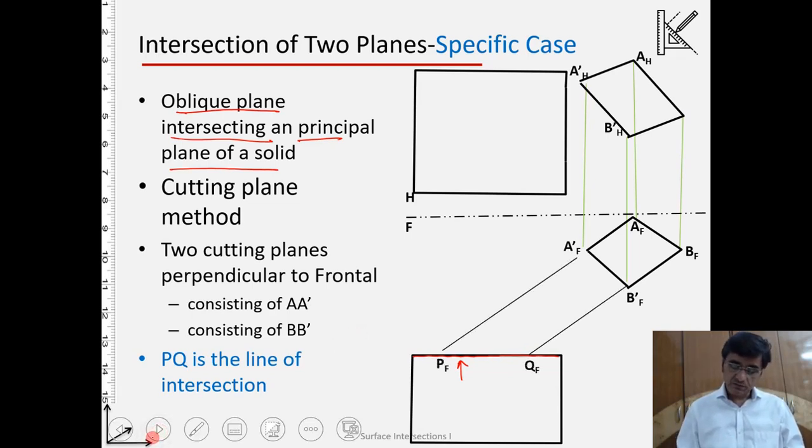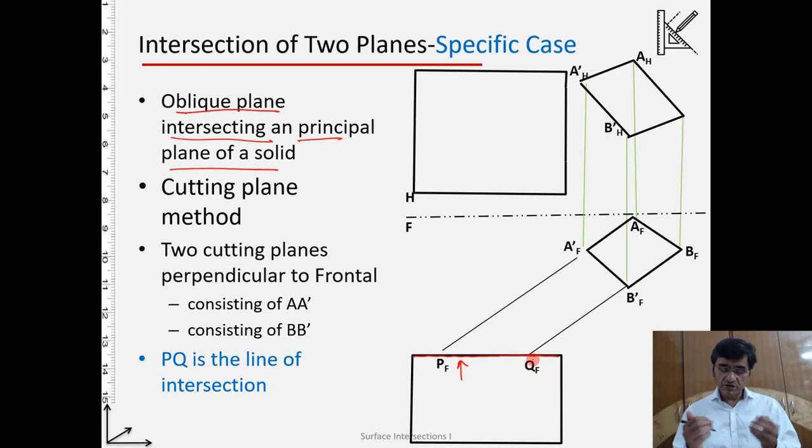Yes, and as in the previous case, PF and QF are the points of intersection. So PF and the other point behind PF, that is what now I will be taking to the horizontal.